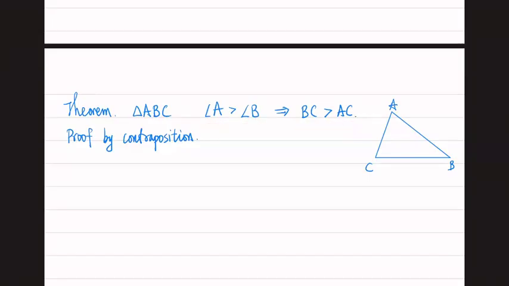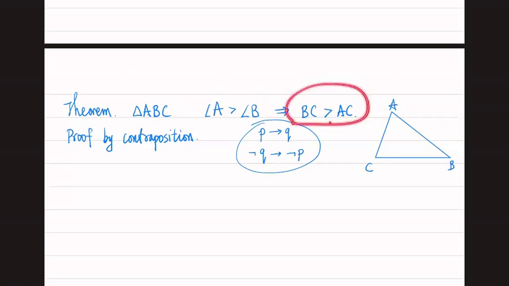So keep in mind how to construct a contraposition. P implies Q becomes the negation of Q implies the negation of P. Okay, so we refresh our memory. Now let's write down the contraposition. The negation of bigger will be less than or equal to.